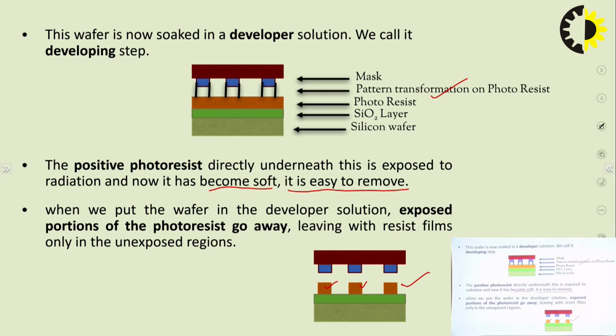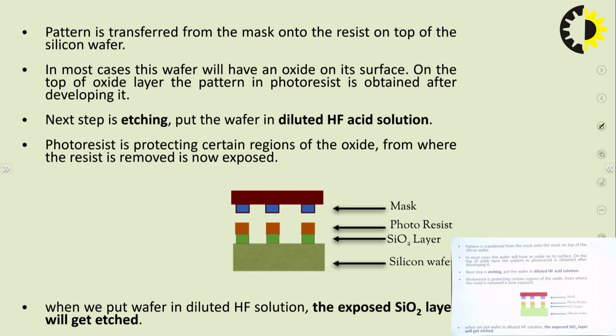Now, after this, the next step is etching. We can see here the next step is etching. The etching step is nothing but removal of the SiO2 layer from the exposed areas, because if the SiO2 layer is not removed, dopants cannot be incorporated into the wafer.